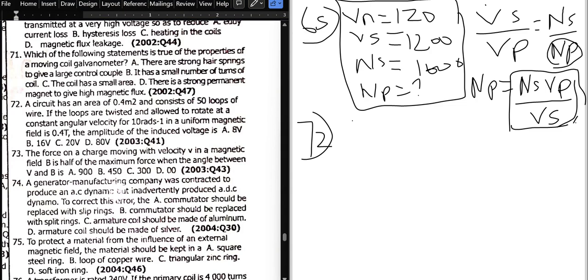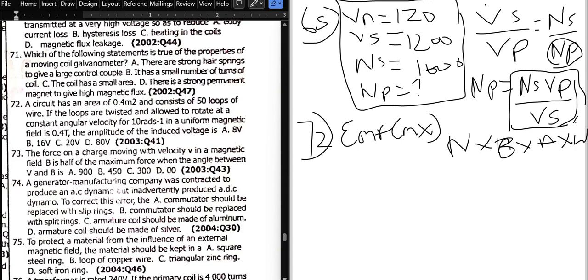To find EMF max, we'll just do N times B times A times W. So that's what we're doing. What is N? N is 50.